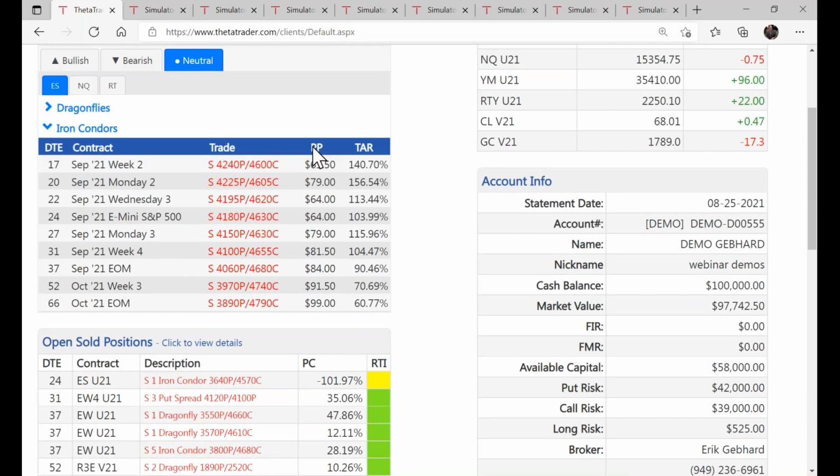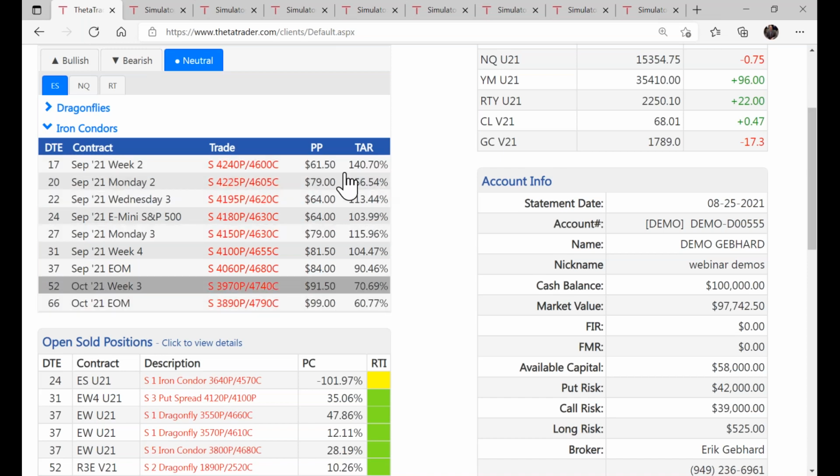You'll notice this is your maximum profit at expiration, and this is called your targeted annualized return. And use that number to compare one trade to another. Quite frankly, it's not realistic. You're not going to place this trade and every 17 days place the same trade over and over for a year and get 140% for the year. It doesn't work like that.